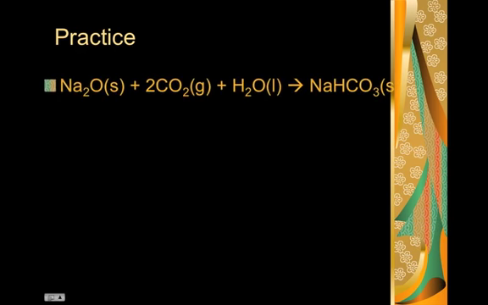A little bit more, just because we can practice this much if we want. Sodium oxide plus carbon dioxide plus water yields sodium hydrogen carbonate, also known as baking soda. So looking at this, we've got a whole bunch of reactants, but we only have 1 product. And when you only have 1 product, then that's a synthesis.